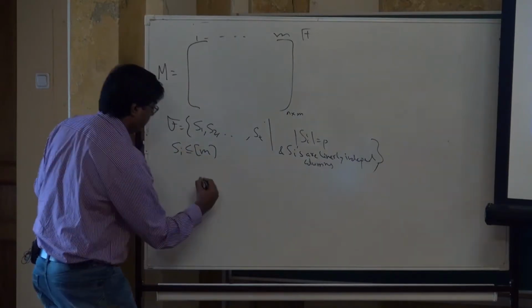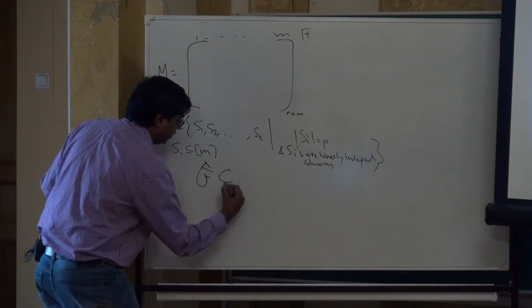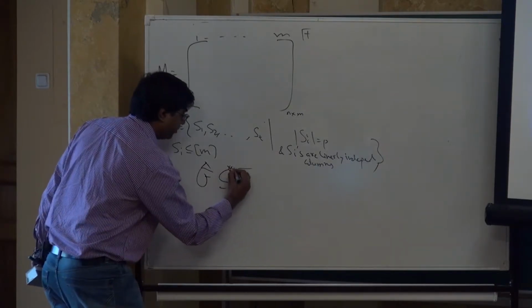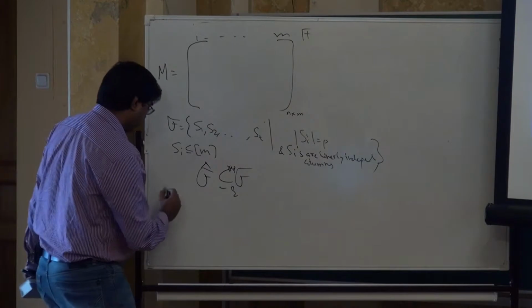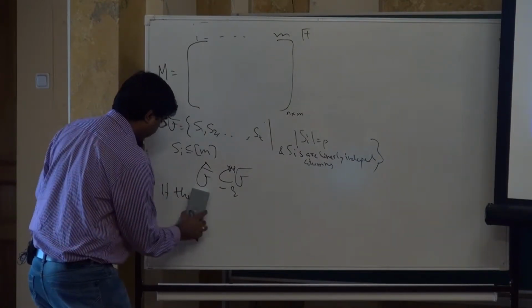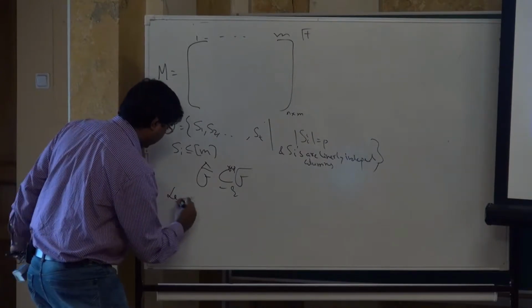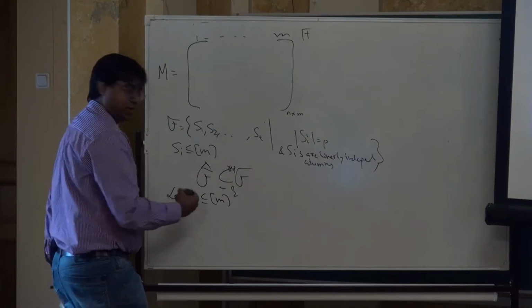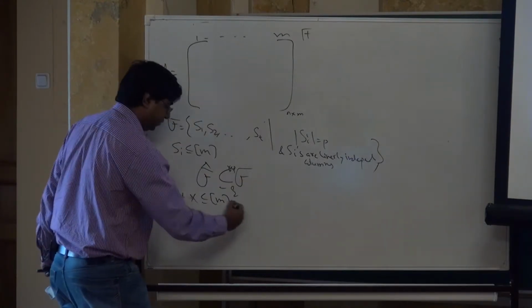Okay, so now I'm going to call F hat, a subset of F, a q-representative if the following happens. Let X be a subset of 1 to m, some set of columns.